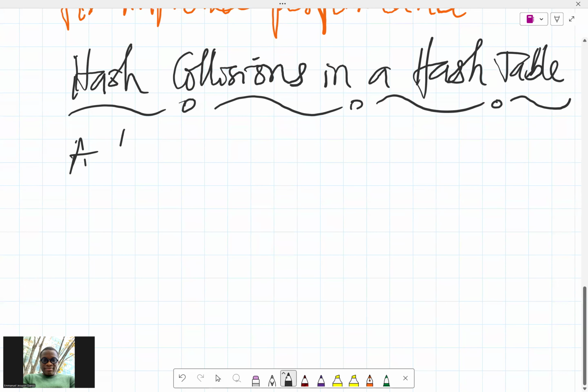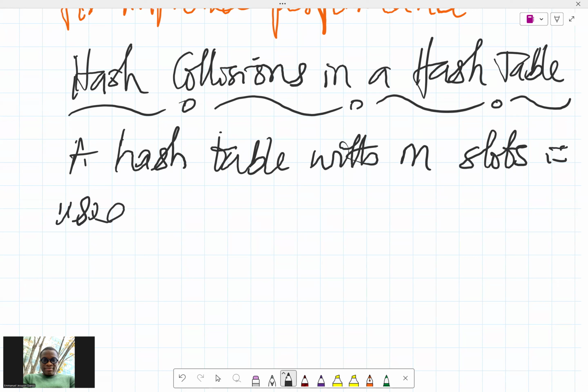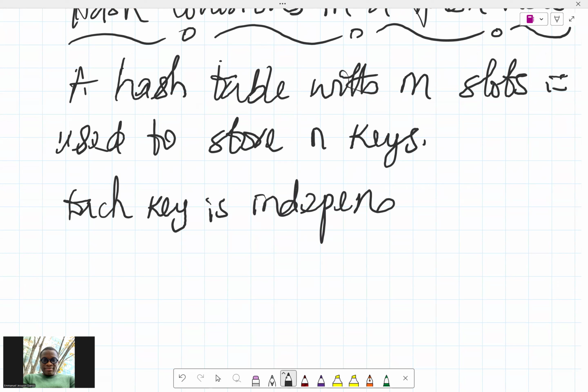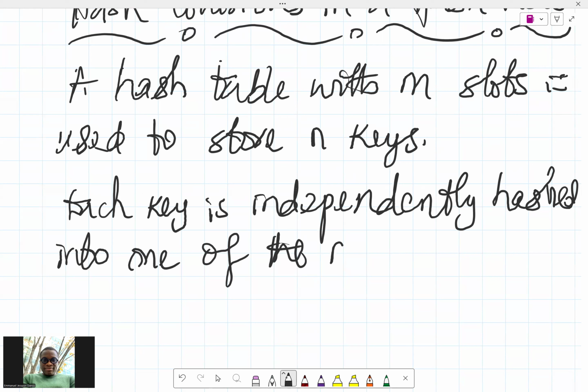A hash table with M slots is used to store N keys. Each key is independently hashed into one of the M slots with equal probability.